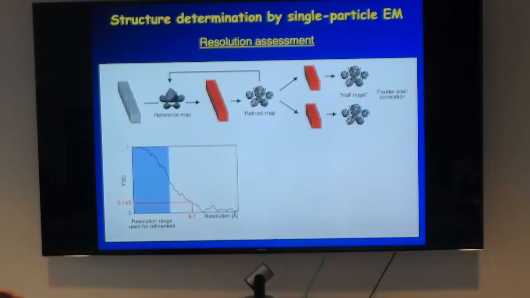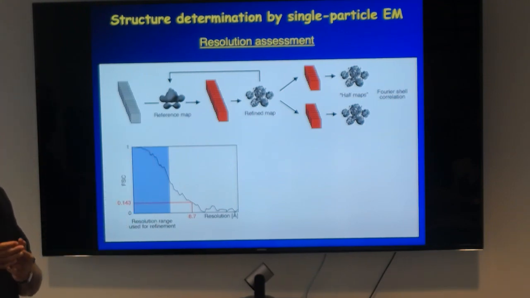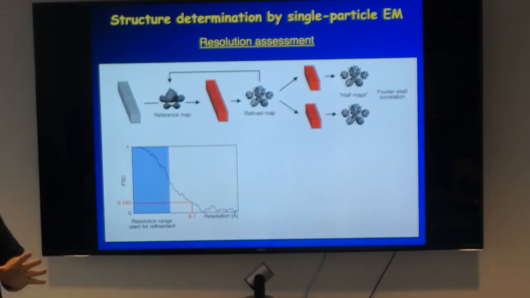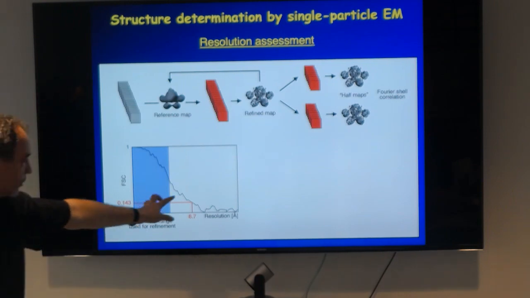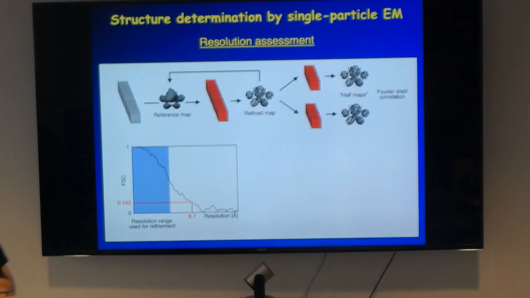So if you align your structure to a reference and only allow information up to say 8 angstrom, or 10 angstrom, to be used for the refinement, all the resolution from 10 angstrom to 8.7 angstrom has never seen the reference, has never been biased towards the reference. So this is totally independent resolution. And this will give you exactly the correct resolution as much as the gold standard.